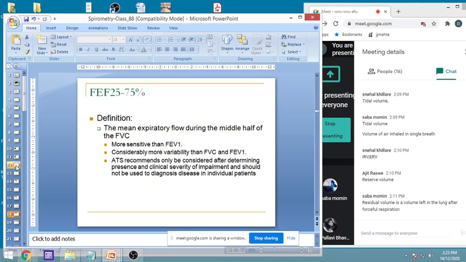It is more sensitive than FEV1, this measurement. It is considerably more variable than FVC and FEV1, and these various agencies recommend that it only be considered after determining presence and clinical severity of the impairment, and should not be used to diagnose disease in the individual patient.